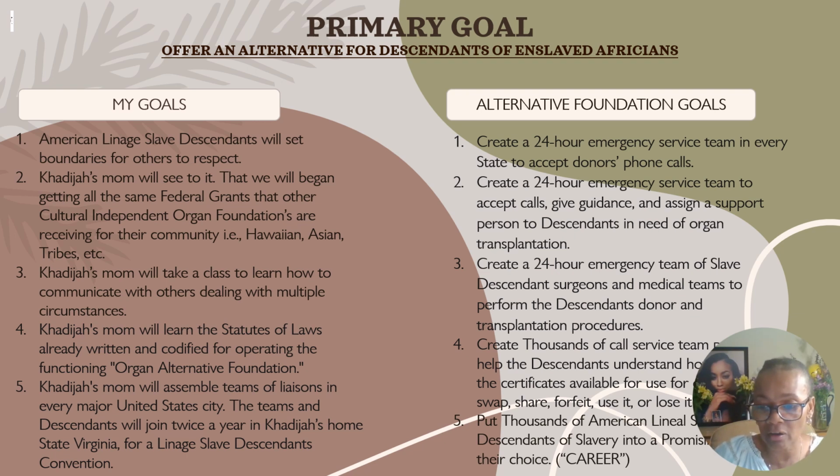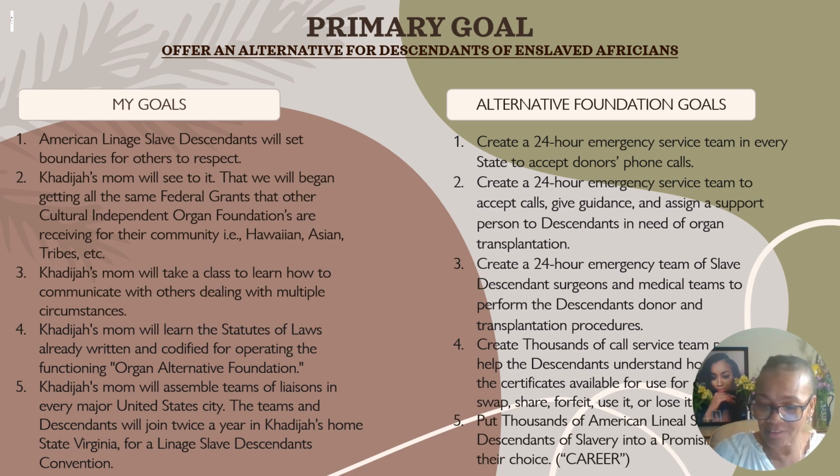Create thousands of call service team. I don't know what that says because my head is in the way. Help the descendants understand how to use the certificates. Oh, so there's going to be like an insurance policy thing.